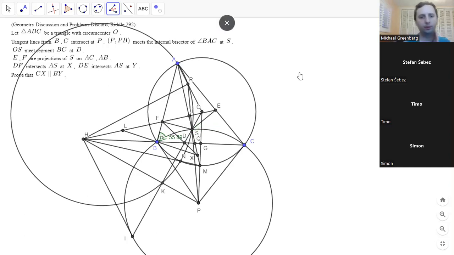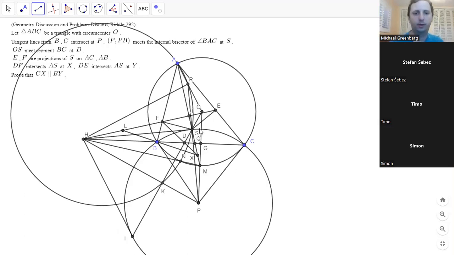Okay, so we want to show that these two add up to 90. Yeah, okay, I can prove they're similar. That's just an angle chase, because we want to show angle FBS plus angle SCE is 90. If you add up those two, that's the same as taking angle B plus angle C and then subtracting SBC and subtracting SCB. But it's easy to show. You can angle chase that pretty easily. So basically that proves that HS is tangent to the circle, right?